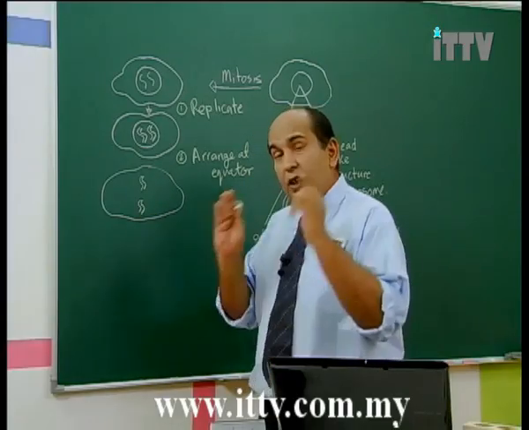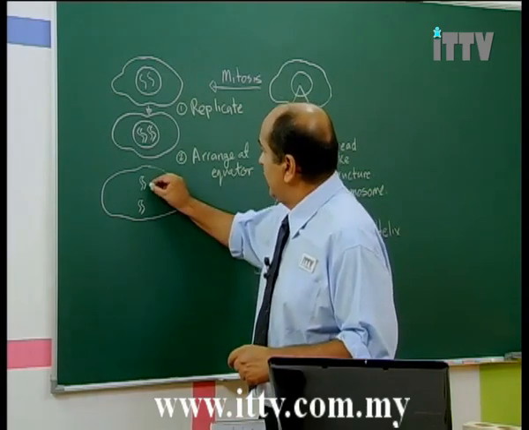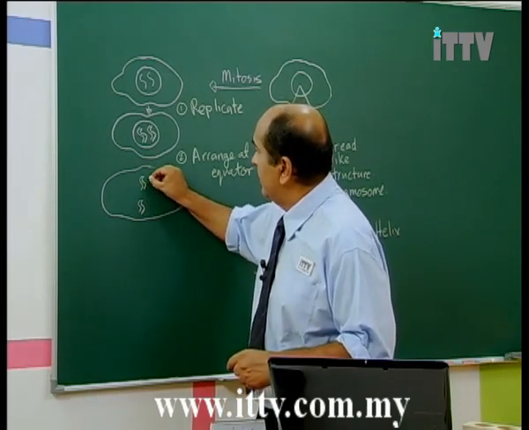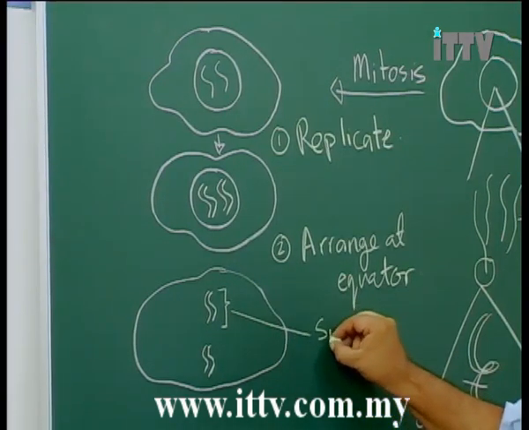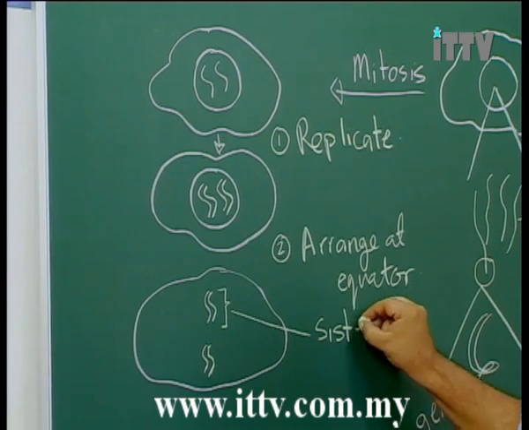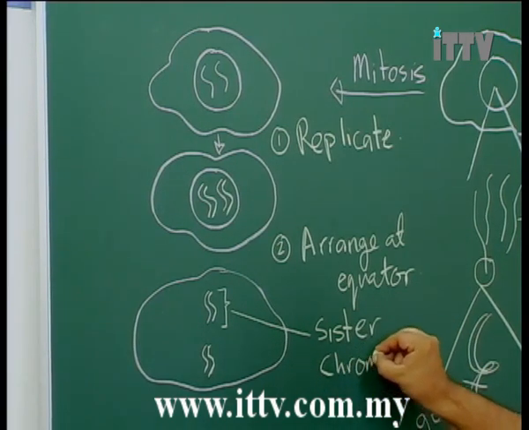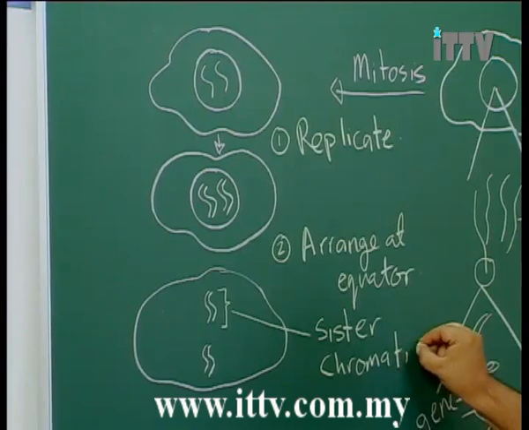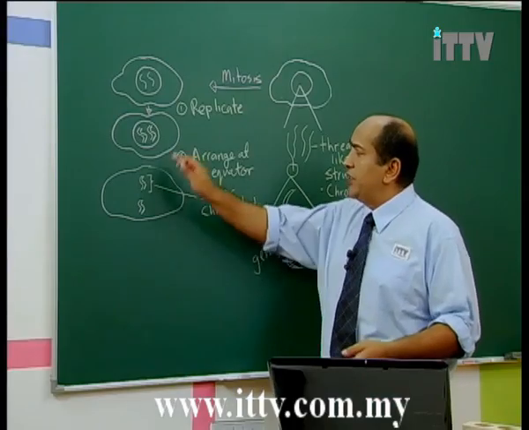These chromosomes, a pair of them, we call them sister chromatids. Now we've arranged at the equator.